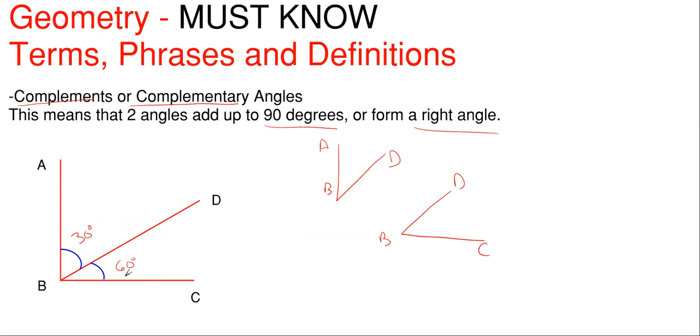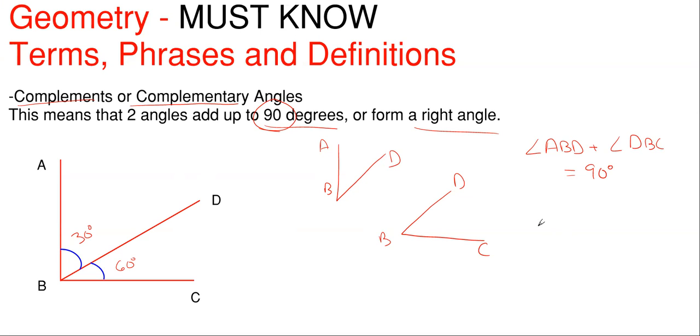Well, when you put these two angles together, what is 30 plus 60? It's 90. So any addition of two angles being put together that makes 90 degrees will be this type of angle formation, a complementary. So if you wanted to write this out in true form, you would say the angle ABD plus the angle DBC would be equal to 90 degrees.